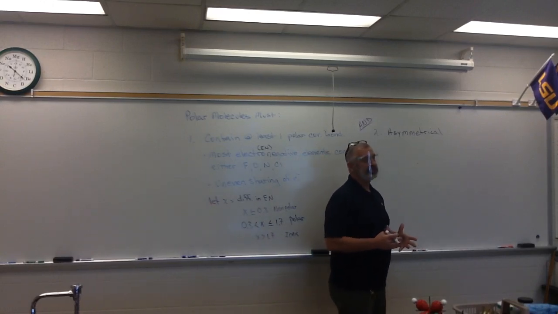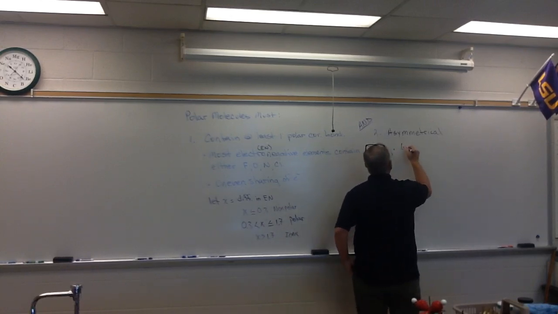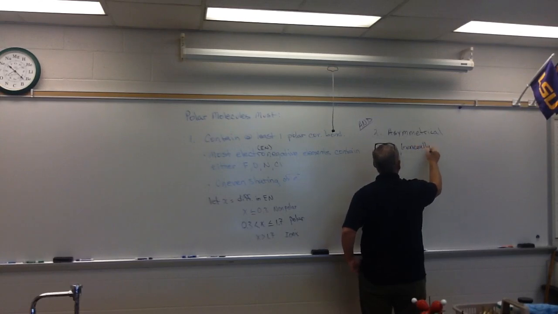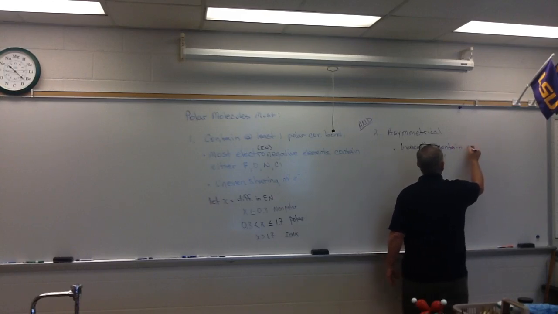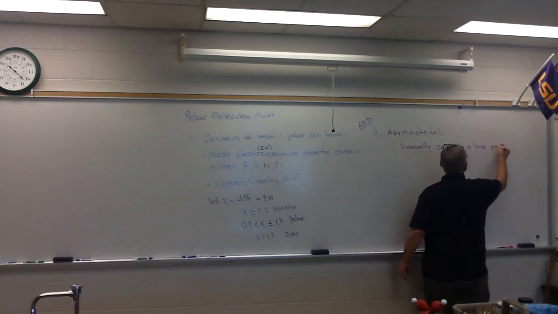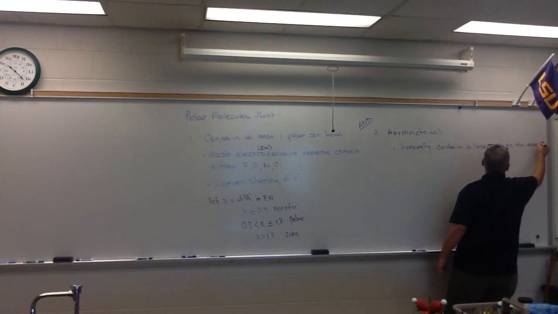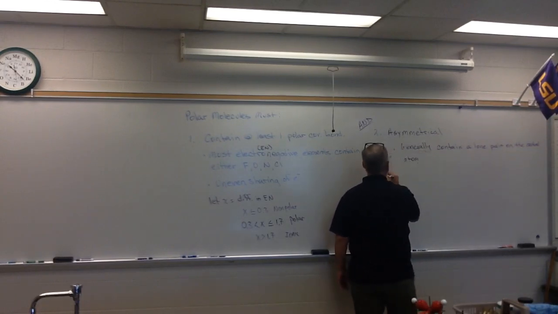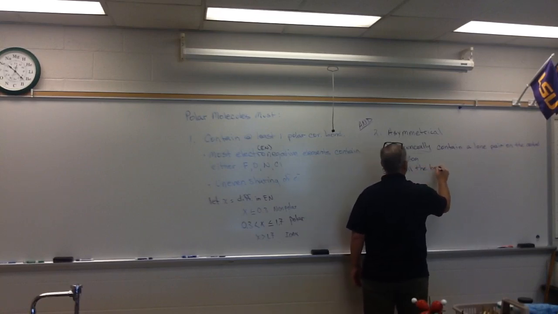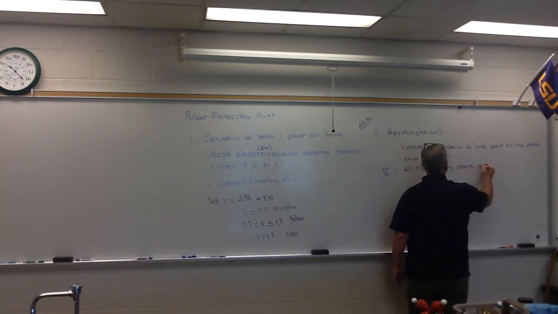Asymmetrical molecules, I'm going to say it anyway, generally, and this is the key here, generally contain a lone pair on the central atom, at least one, or all the bonding atoms are not the same.